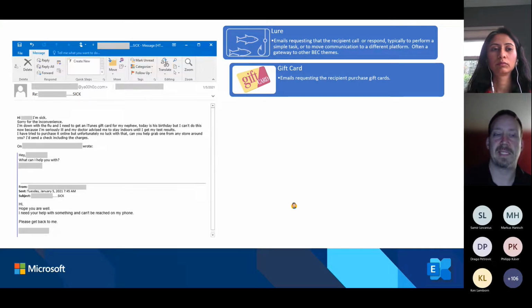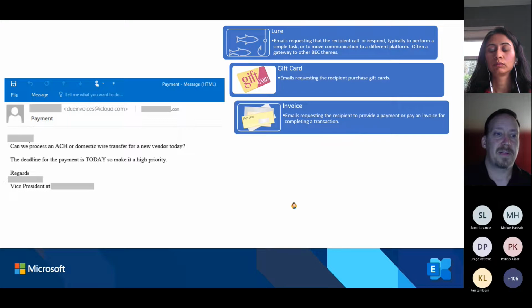If you can send it to me, I need it for my son and I can't do it myself. Scenarios like that are very common, and you can see different examples of the attacker domain impersonating yahoo.com in this particular example. And usually they're also impersonating some type of friend or existing relationship they have with the person they're sending to.